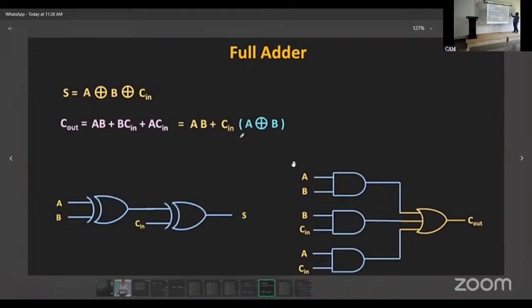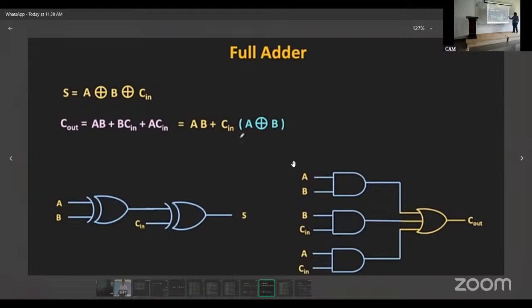Now here, this is the sum output, where we are getting A, B, and C. It is A, B, C. It is the sum output.